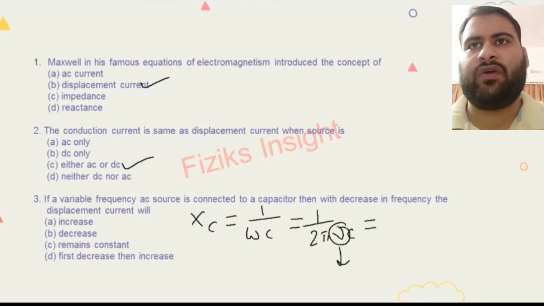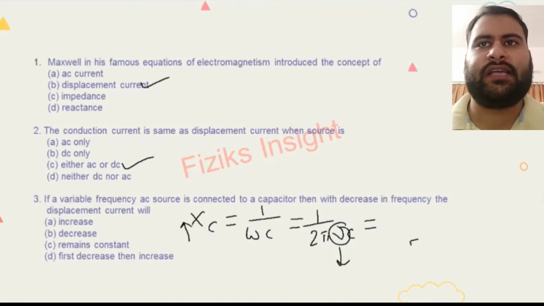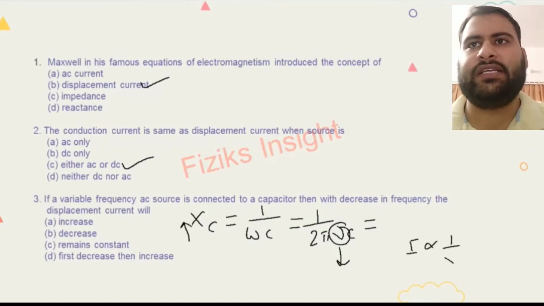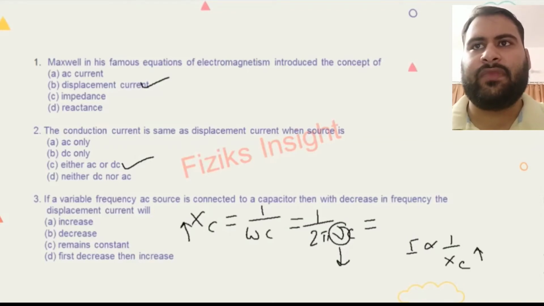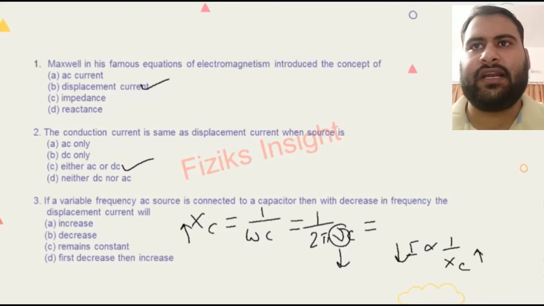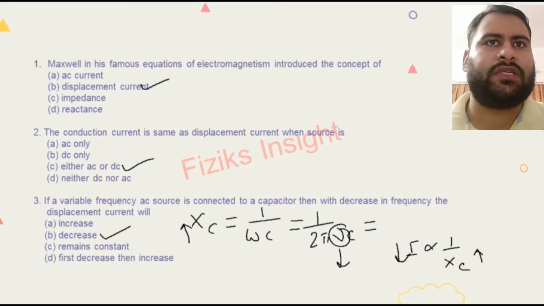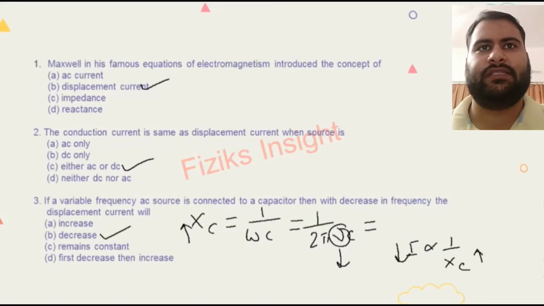Moreover, if this frequency decreases, what happens? The reactance increases, and also we know that current is inversely proportional to reactance. Thus with an increase in reactance the current will decrease. So the correct option is B, decrease.